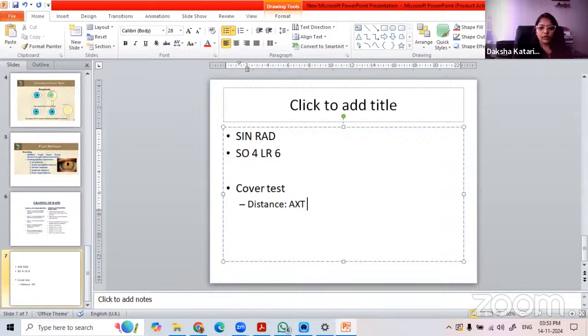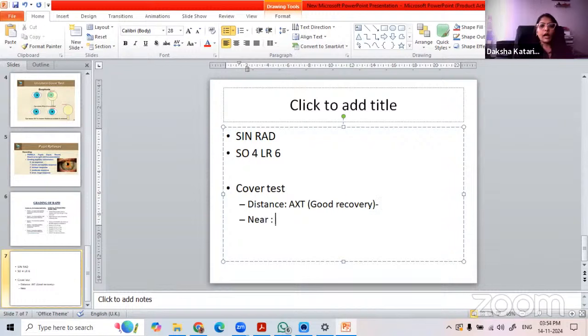In brackets, you can also write good recovery, or poor recovery, or whatever your finding is. Then you can write how much is the prism diopter of AXT, and same thing you're going to write for near.